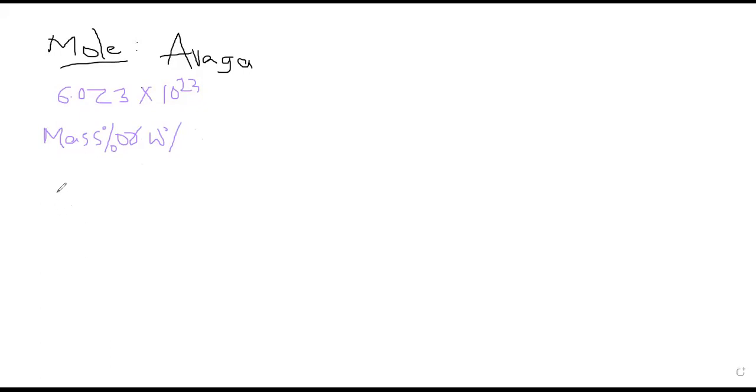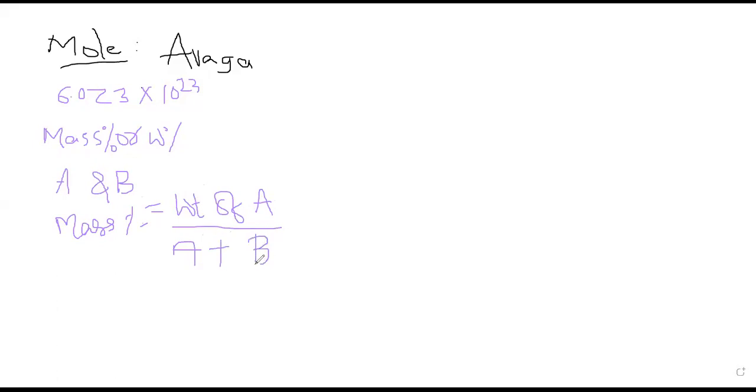For example, there are two components in a solution, A and B. Then mass percentage is equal to weight of substance A divided by total weight of A plus weight of B, into 100.